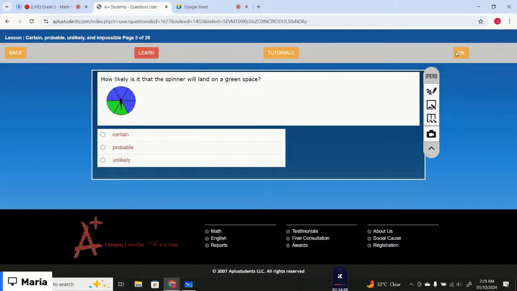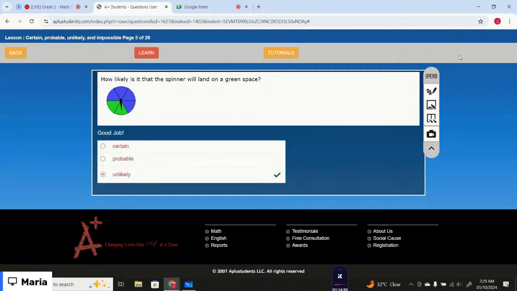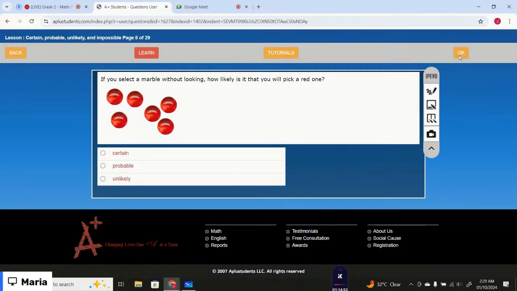It is unlikely to land on green. You have only two portions green. Most of the portions are blue. The question is how likely is that the spinner will land on green? That is unlikely because the smaller portion is green. If you select a marble without looking, how likely is that you will pick a red one?